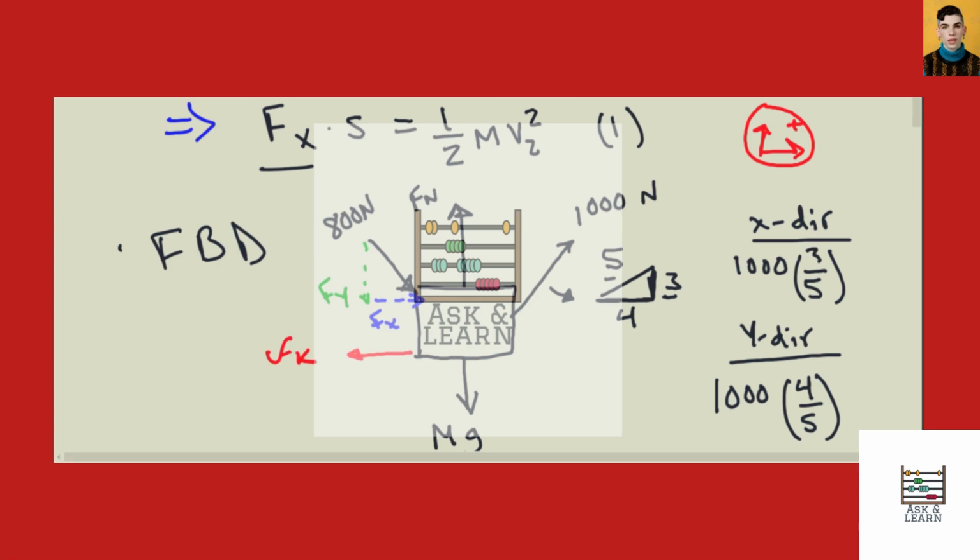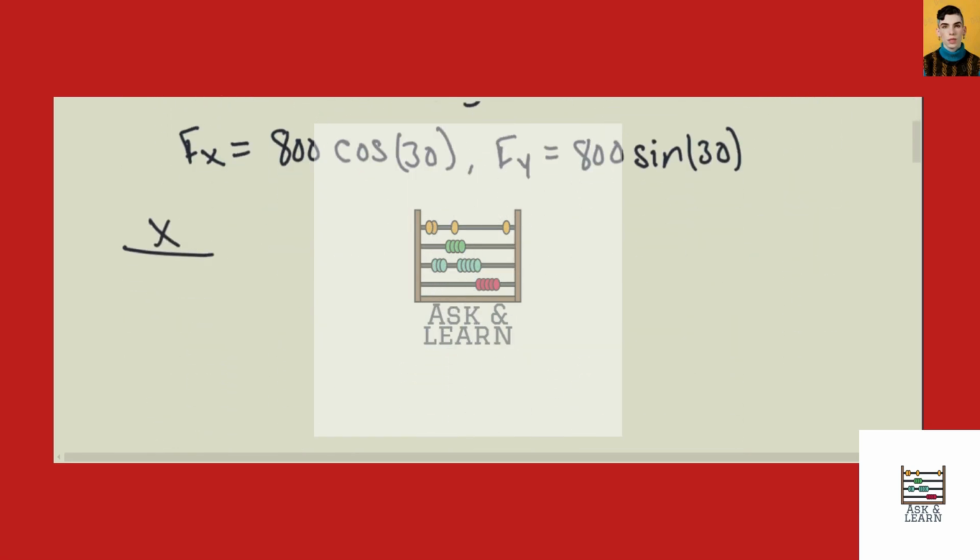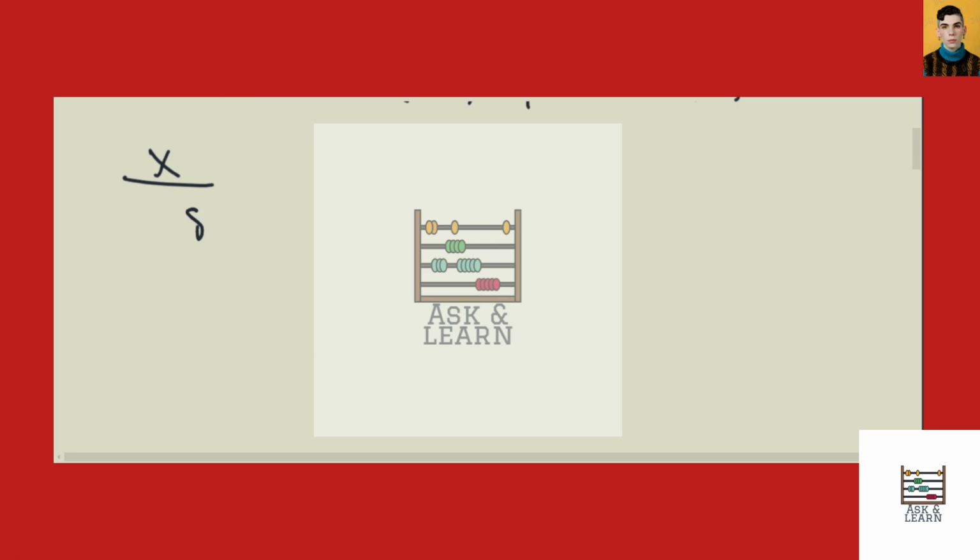And this is the kinetic friction. So again, in the x direction, we have from the left side, 800 cosine 30, and from the right side, it's plus 1,000 times 3/5, and then we have the friction going the opposite direction, so it's minus, and for friction, it's the coefficient of kinetic friction times the normal force, F of n.